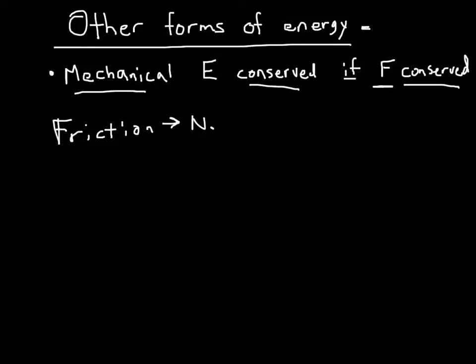Does this mean that energy goes away? It doesn't. It means that energy is dissipated, and in the case of friction, it's converted into heat energy. It turns into tiny thermal motions, microscopic thermal energy.